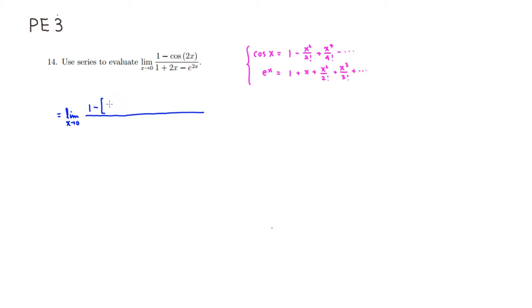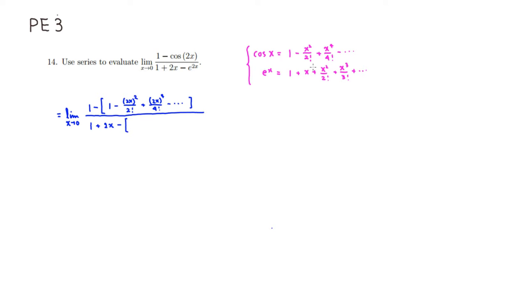So you're going to have 1 minus 2x squared over 2 factorial plus 2x to the 4th power over 4 factorial, minus and so on. And the denominator is 1 plus 2x, minus e to the 2x.